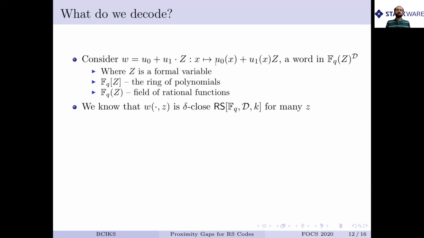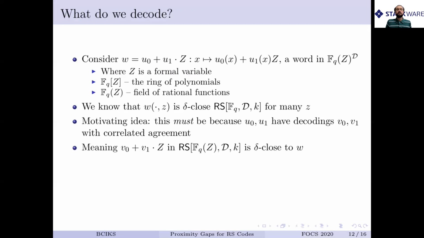What we know about this word is that if we substitute, instead of the variable Z, some elements of Fq, then for many such substitutions, we get a word that is delta close to the Reed-Solomon code over the finite field Fq.